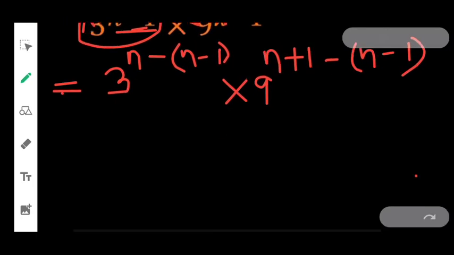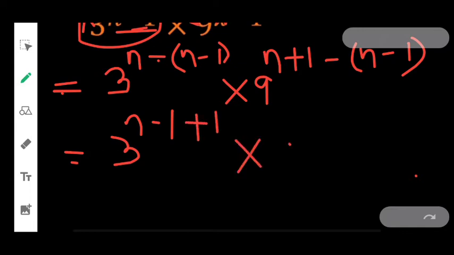Okay, so 3 to the power n minus n minus 1, minus times minus is plus, so plus 1, into 9 to the power n plus 1 minus n plus 1.